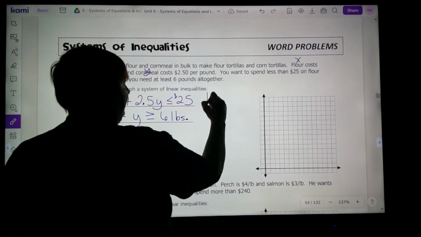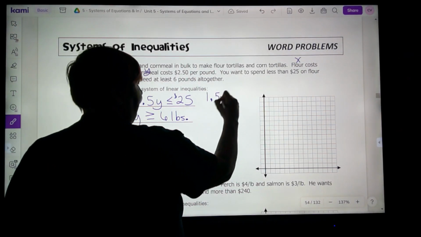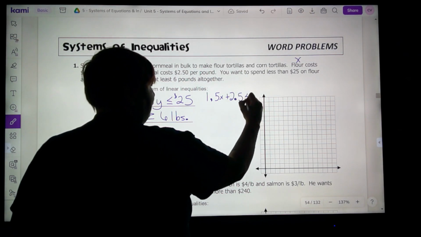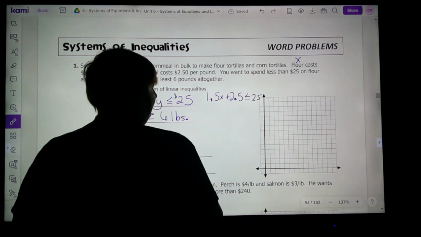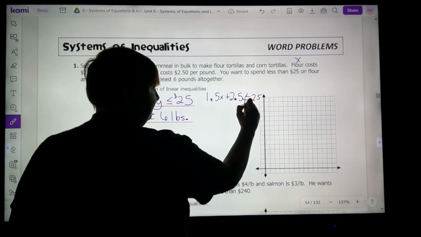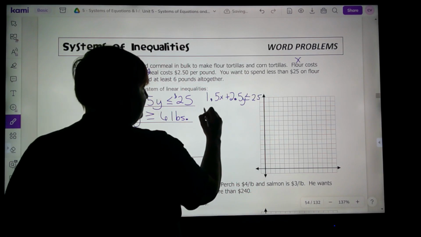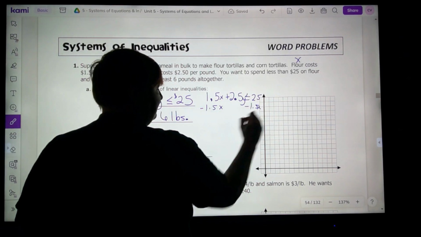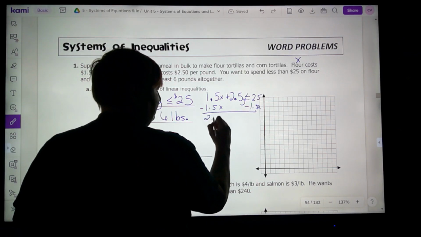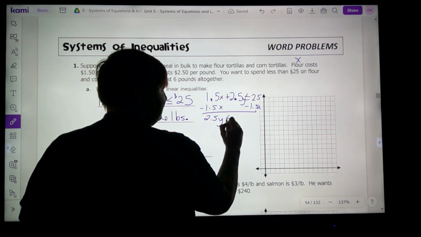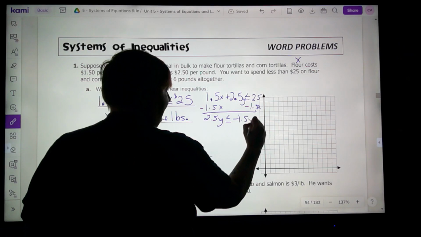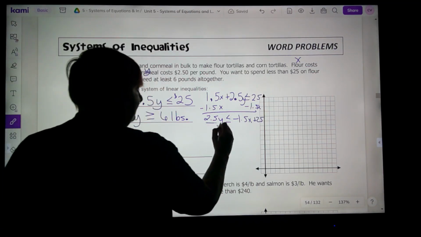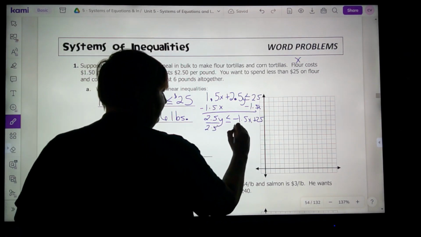All right, so 1.5x plus 2.5y less than or equal to 25. Solve for y. Don't forget the y. So subtract 1.5x from both sides. That leaves us with 2.5y less than or equal to negative 1.5x plus 25. Divide by 2.5.